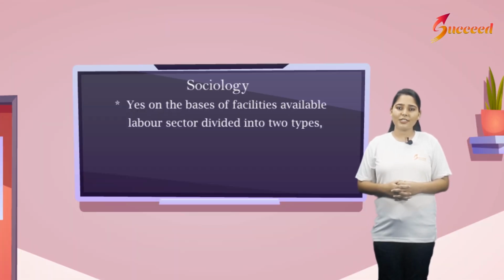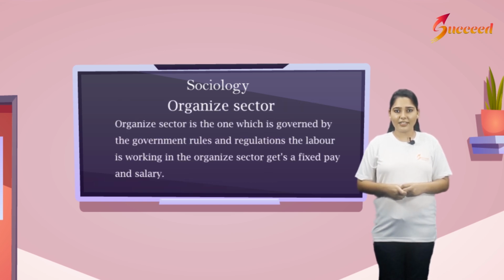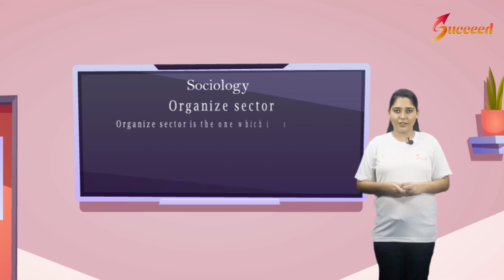On the basis of facilities available, labor sector is divided into two types: organized sector and unorganized sector. What is organized sector? Organized sector is the one which is governed by the government rules and regulations. The laborers working in organized sector get a fixed pay and salary.